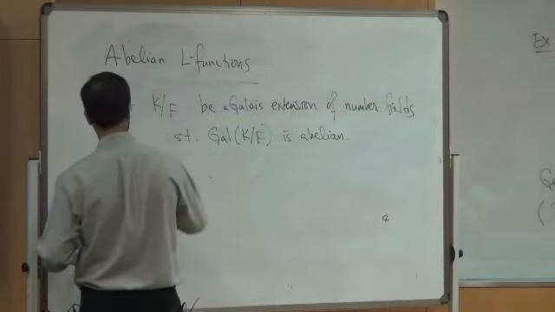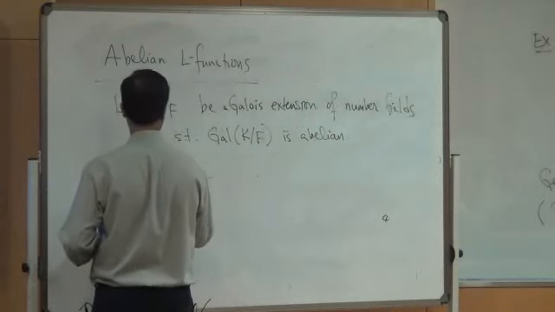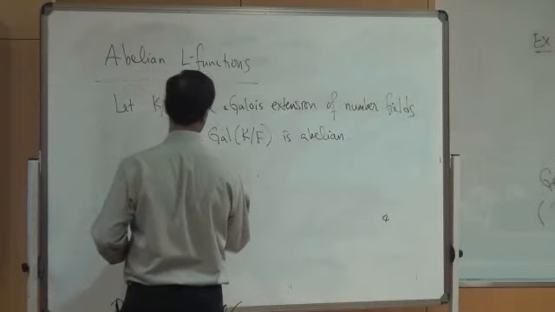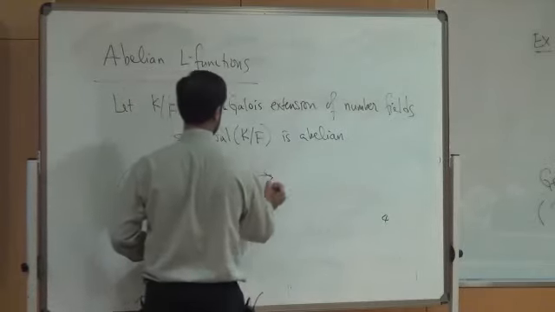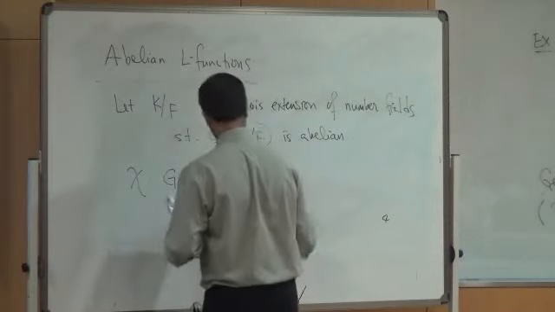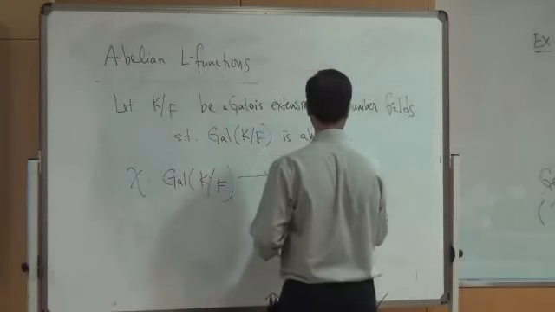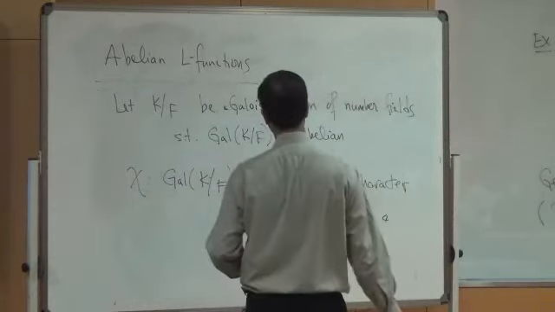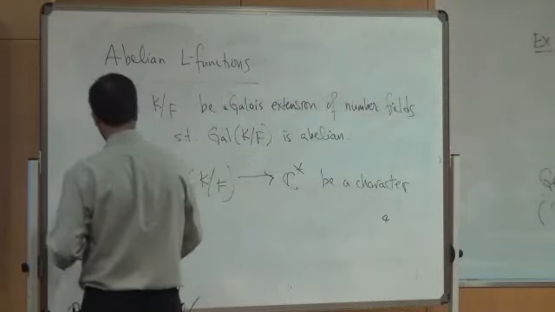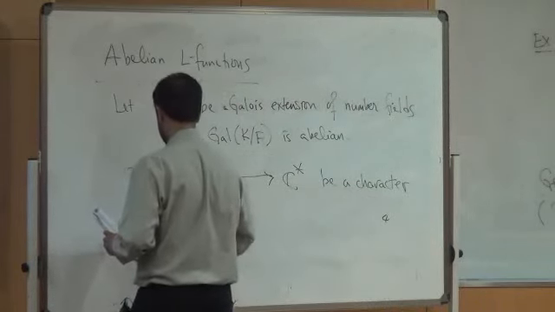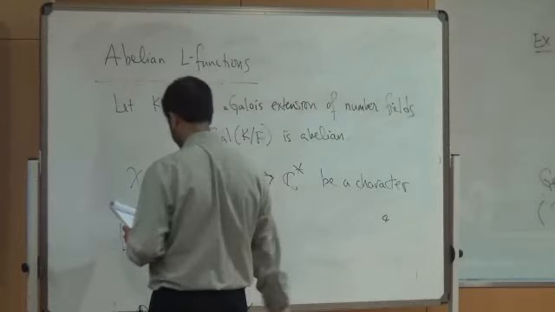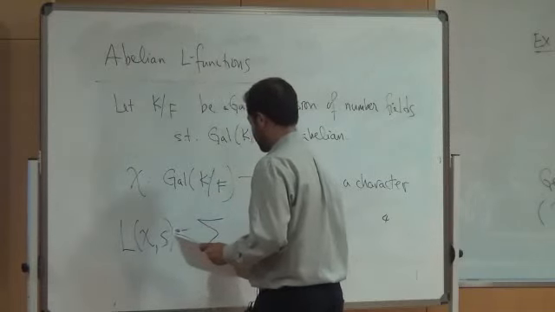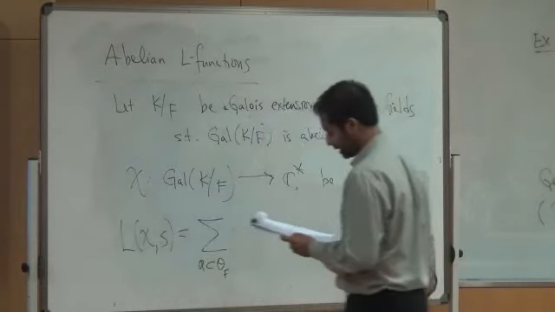Okay, so we take a character of this finite abelian group, an irreducible character, which because it's abelian will be one-dimensional. And then we can define what's called the L function, which is a generalization of the zeta function that I defined, which is going to be the sum over all integral ideals of OF.